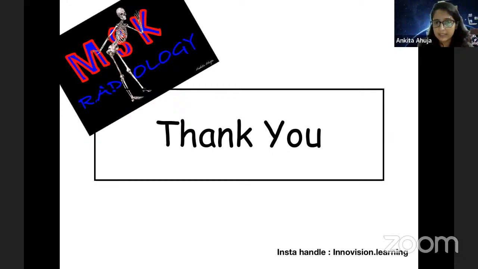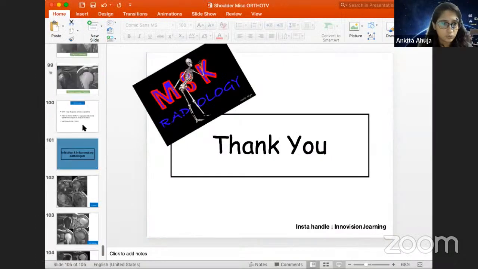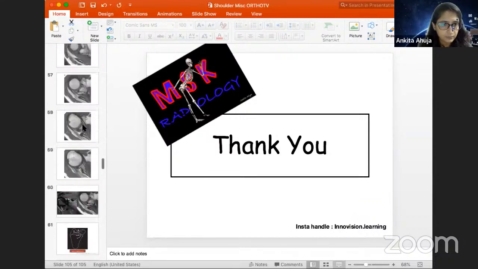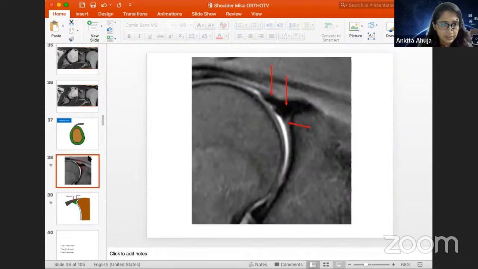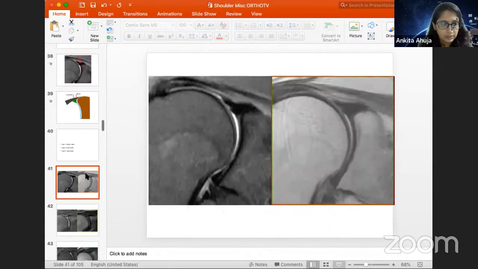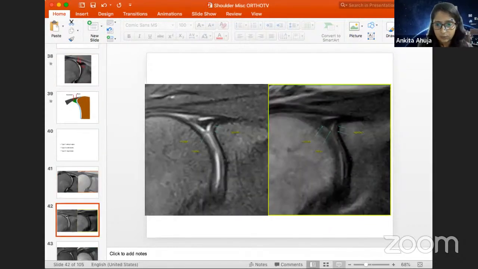Okay, so somebody has asked me how to differentiate a sublabral recess from a SLAP tear. As I had shown before, I'll just go back to that slide and show you that again. I'll show you both how we are seeing. So over here, you see a fluid cleft.